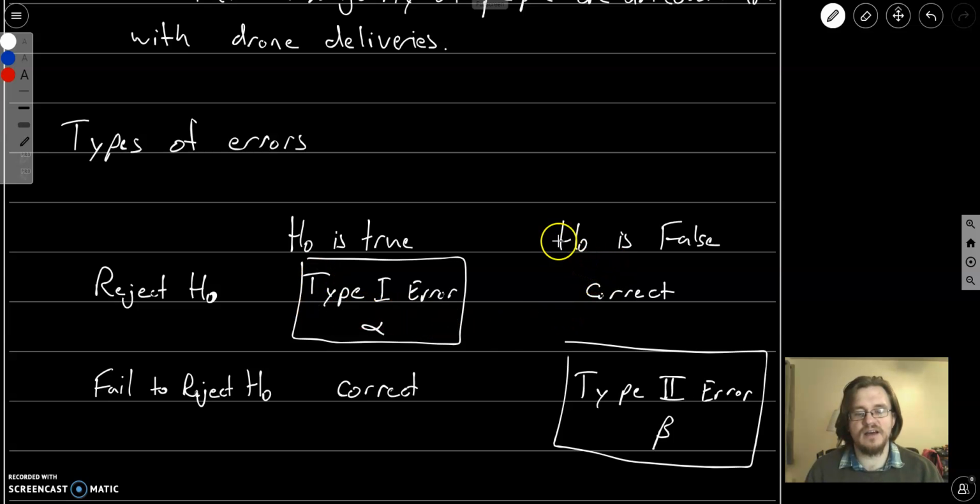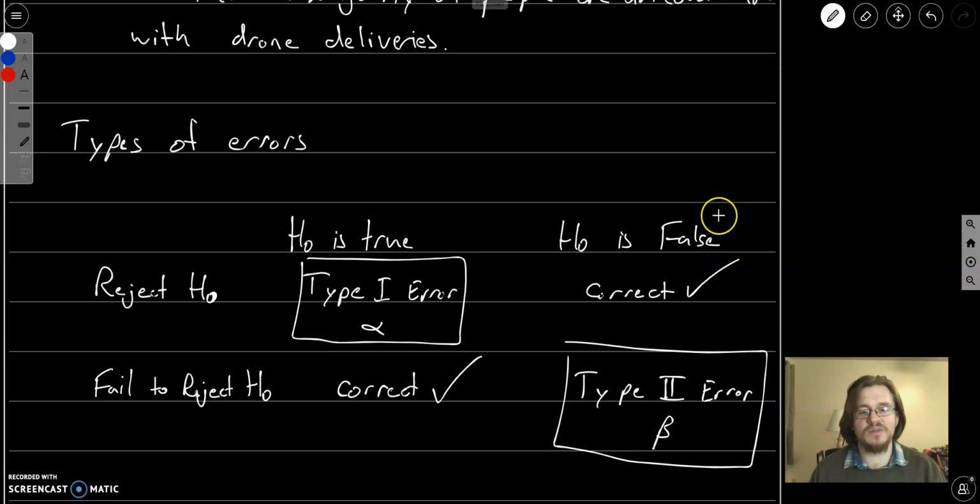If instead the null hypothesis was false and we correctly said it's false, well, we're correct, and there's nothing more to be said. If the null hypothesis was true and we couldn't say that it was false, well, we didn't make a mistake. We didn't say it was false, so everything's all good.